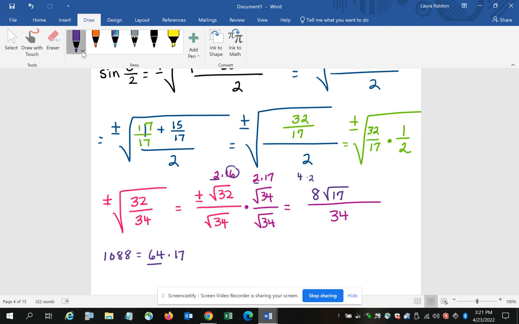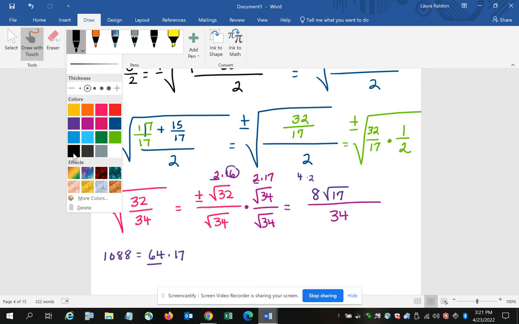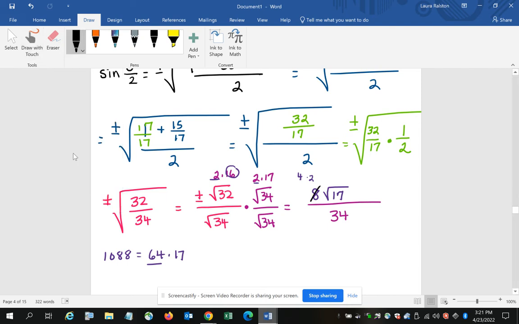Then I notice that the numerator and the denominator can be divided by 2. 2 goes into 8 4 times. 2 goes into 34 17 times. So we end up with 4 square root 17 over 17.